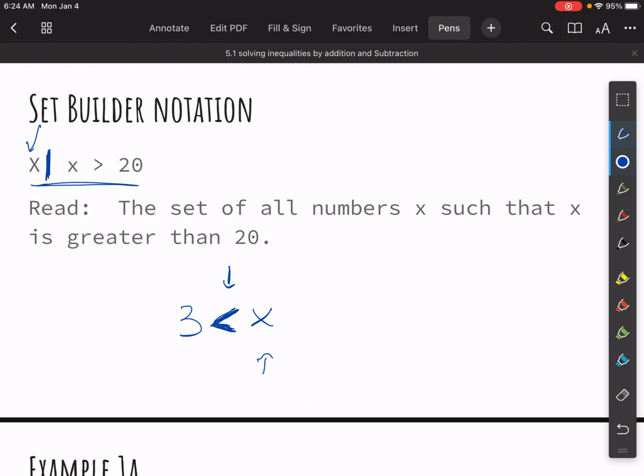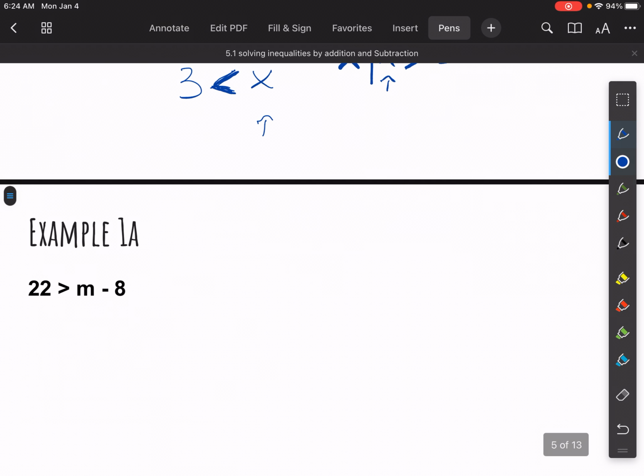If you want to rewrite this in set notation, you would say the set of all numbers x such that x is greater than 3. So I switched the x and the 3, but then I also switched the inequality, because the alligator is still eating the x. Hopefully that's making sense. It'll make more sense with some examples.